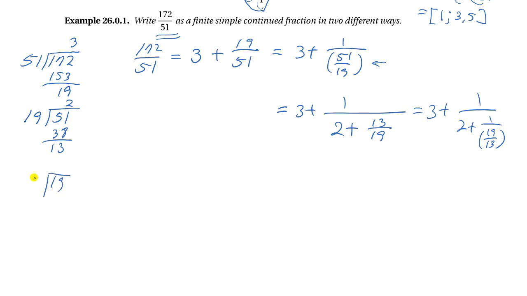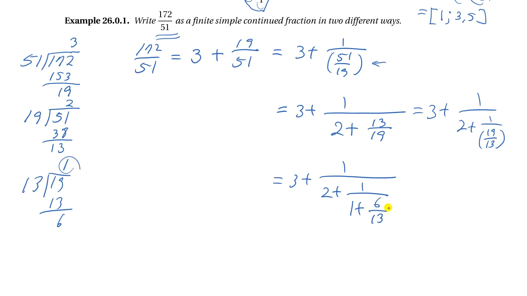So 19 over 13 is 1, 13, remainder is 6, right? So that is 3 plus 1 over 2 plus 1 over, and the quotient is 1, remainder is 6 by 13.